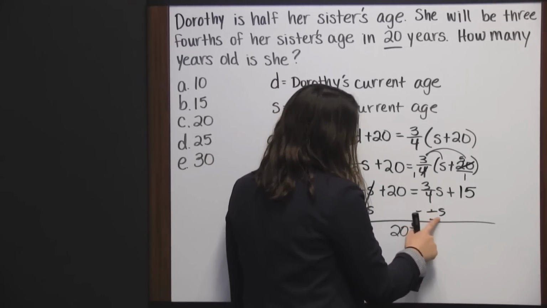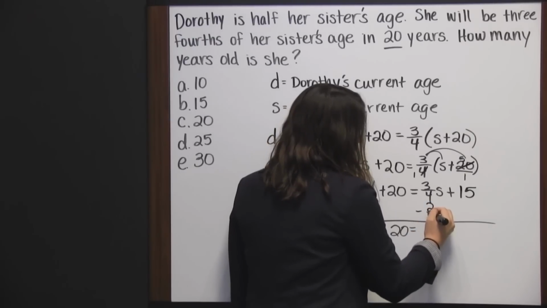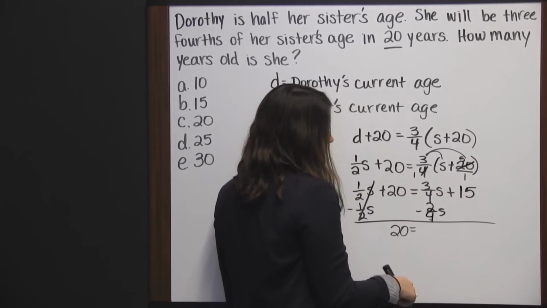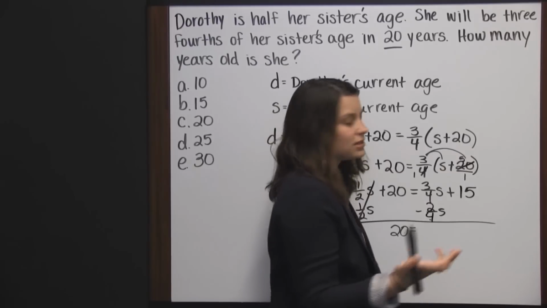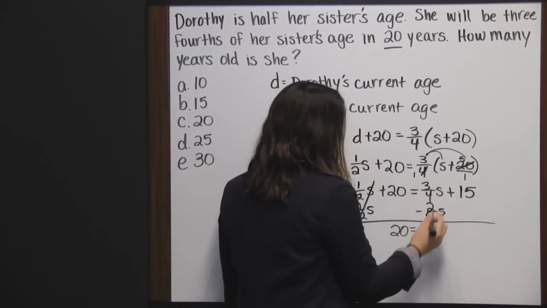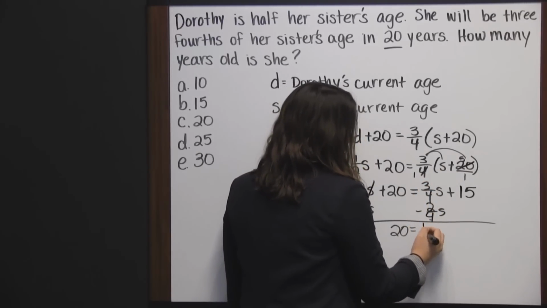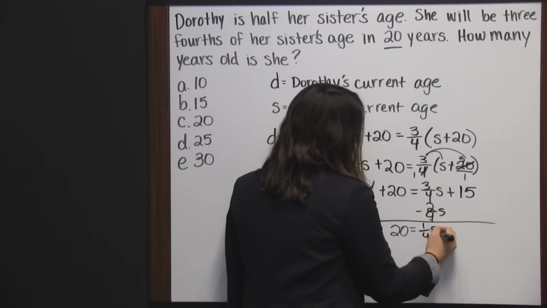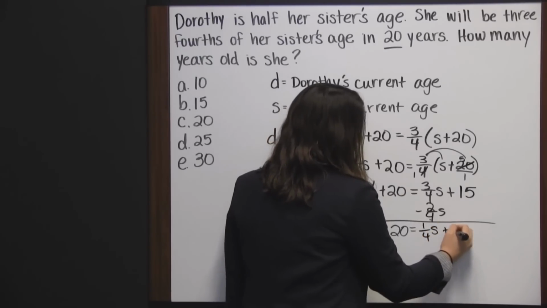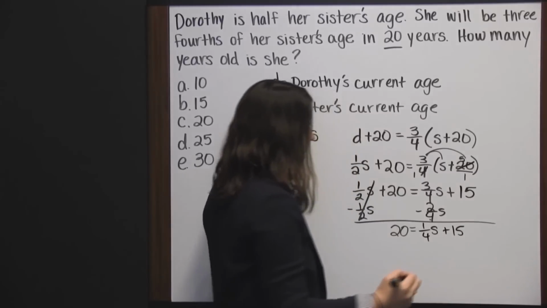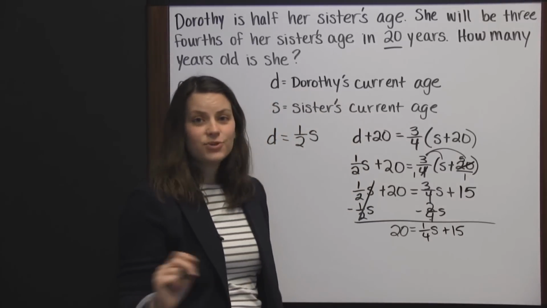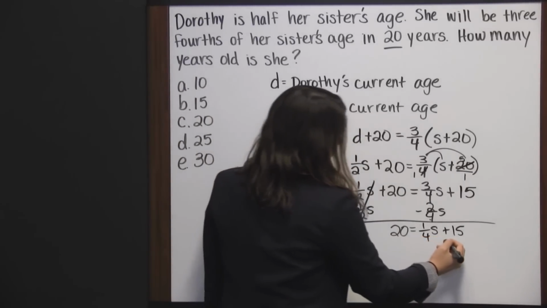So I'm going to change 1/2 to 2/4 so that I can subtract these. And then when I subtract, you just subtract the numerators. 3 minus 2 is 1, and your denominators stay the same, 1/4 S, plus 15. Next, I need to subtract 15 from both sides.